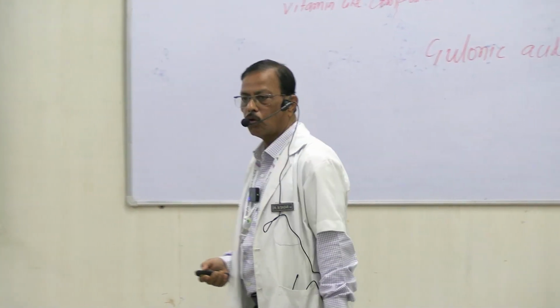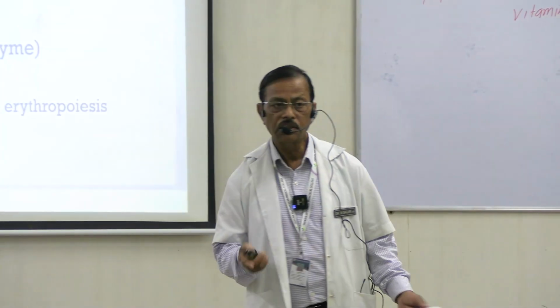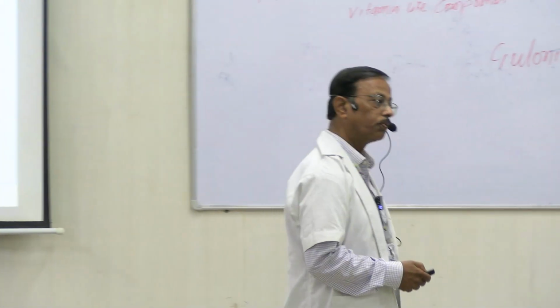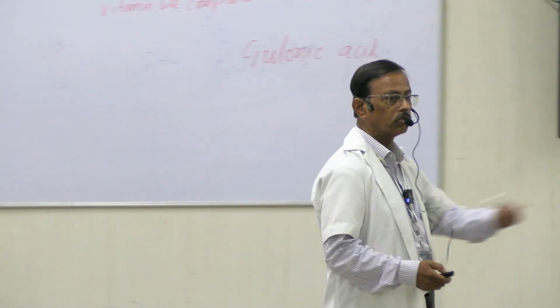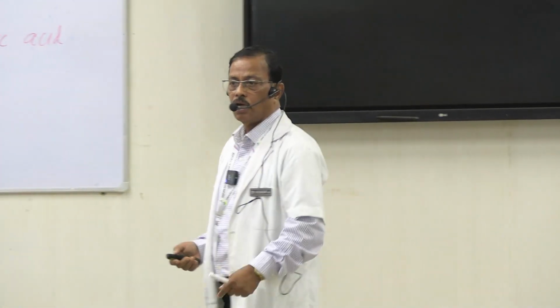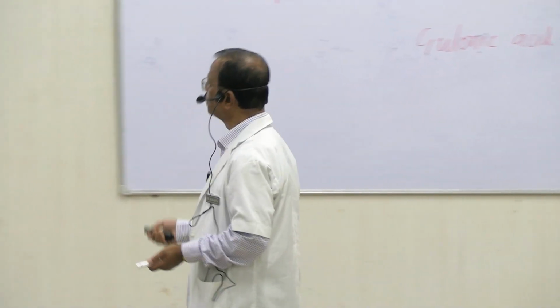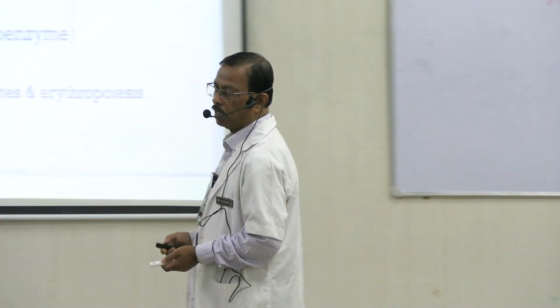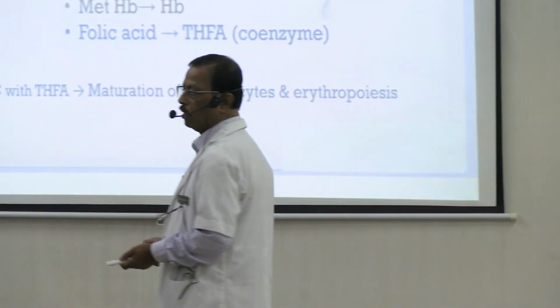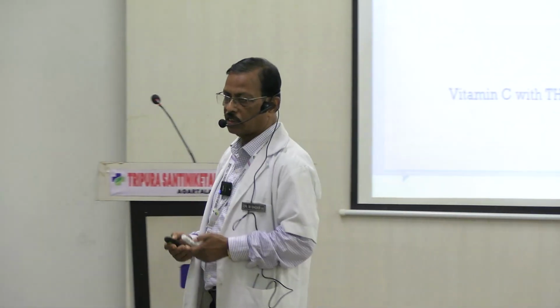Again, this ferrous form of iron is very reactive. When it enters the cell, immediately it has to be converted into ferric form. Otherwise, it will start oxidizing the biomolecules. So when it enters the cell, it is oxidized to ferric form. Here also we need vitamin C. Now, as ferric form, it is stored in the body as ferritin.